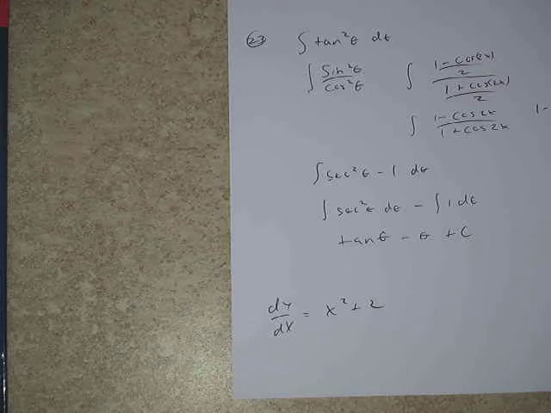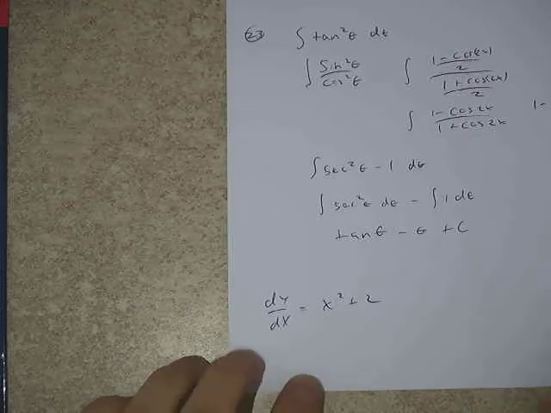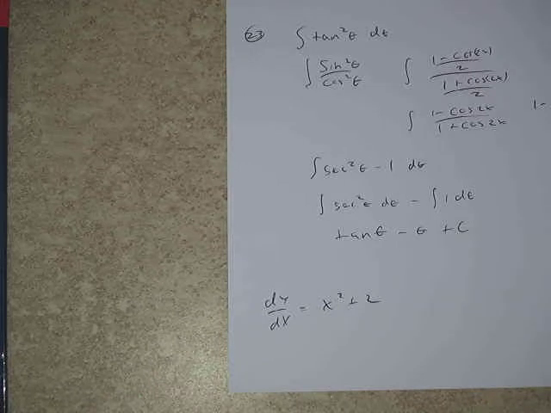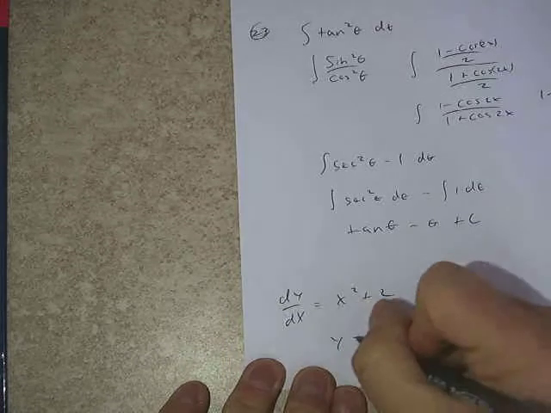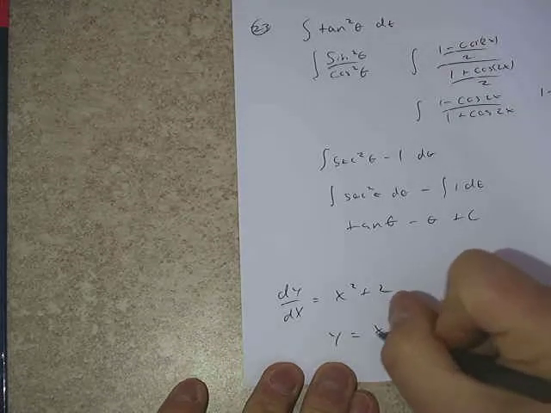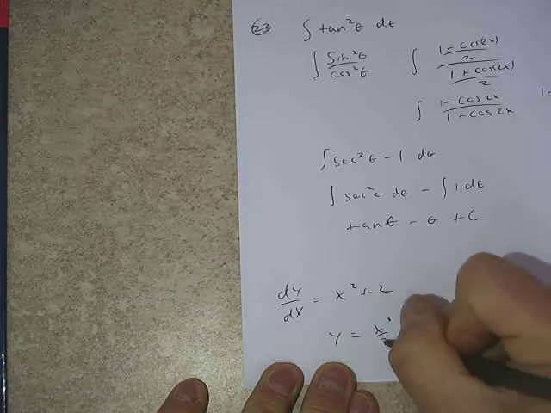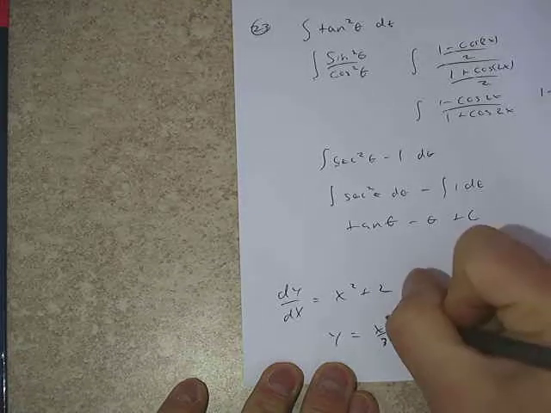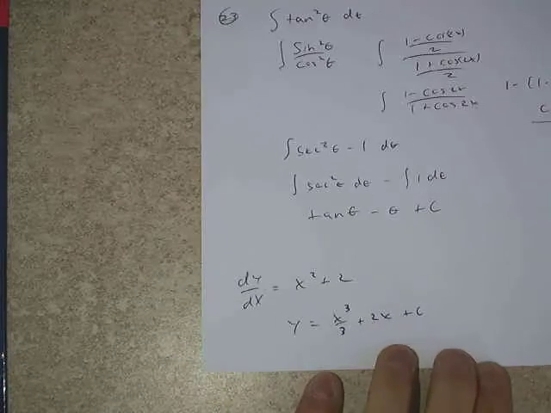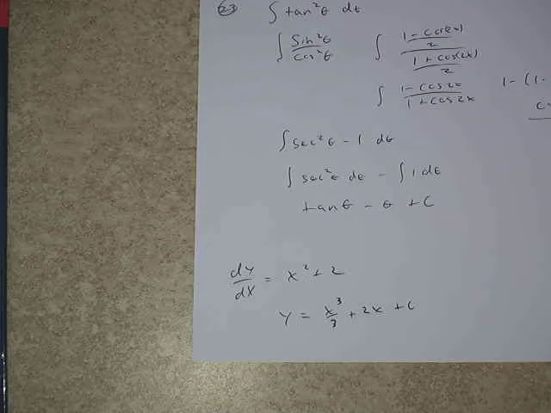And so part of our focus here at this point is to use what we've learned so far and what we're going to learn from here on out in this chapter to solve differential equations. Now, here's the good news. The good news is that some differential equations are going to be relatively easy to solve. Like in this particular case, I would have x cubed over 3 plus 2x plus c. That right there would be the y that derivative came from. Agreed?